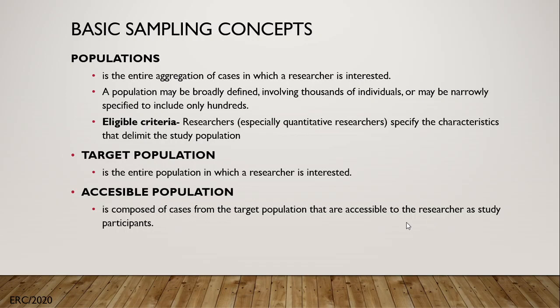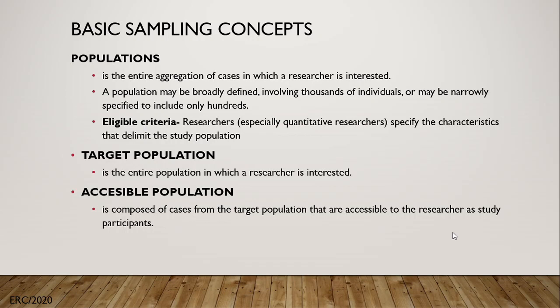Okay, so eligibility criteria: researchers, especially in quantitative research, specify the characteristics that delimit the study population. For example, consider the population of the American nursing students. Would this population include the part-time students? So, for example, American nursing students, i-include mo pa ba ang mga part-time students? Or would registered nurses returning to school for a bachelor degree be included?